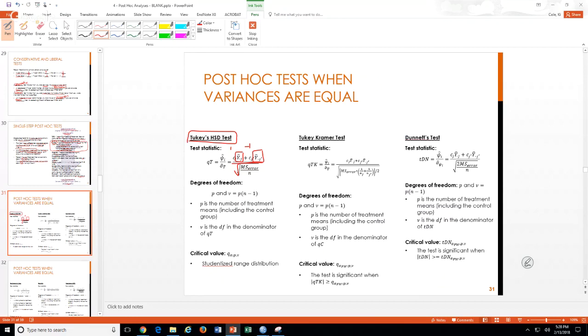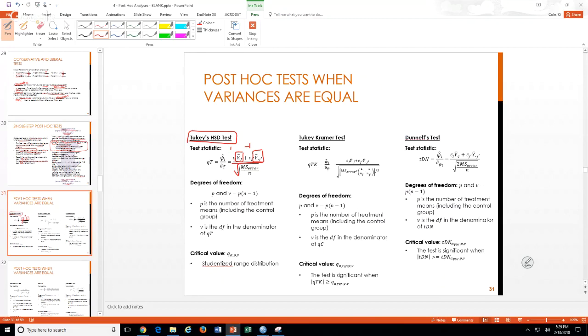That formula is actually very similar to the formula for an independent t-test statistic. It's a difference in means divided by the square root of the measure of error. It modifies it slightly, but I provide these three equations not because I expect you to memorize them or probably ever look at them again in your life.